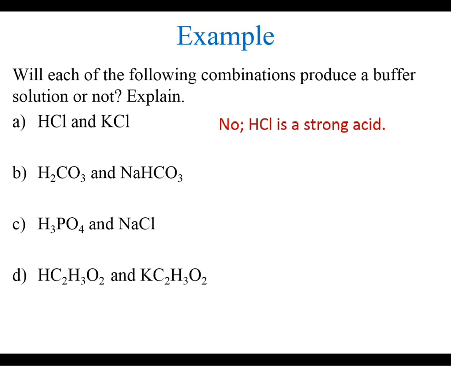H2CO3. First question, is that a weak acid or is that one of our 6 strong acids? No, it is not. Therefore, it must be a weak acid. Good. Okay, so that's good.